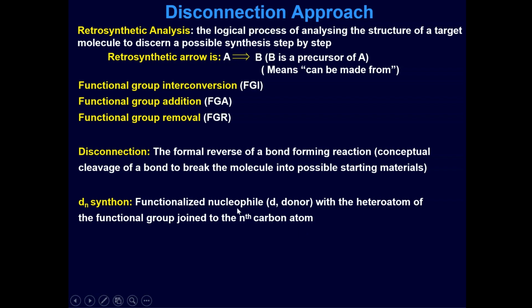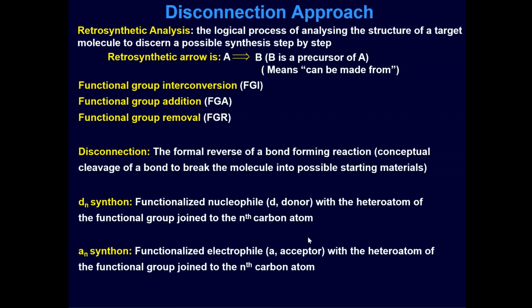Nucleophile means an electron-rich species, which can donate its excess electrons. A DN synthon is a functionalized nucleophile which has a heteroatom in the functional group, and this heteroatom is joined to the nth position of the carbon atom.